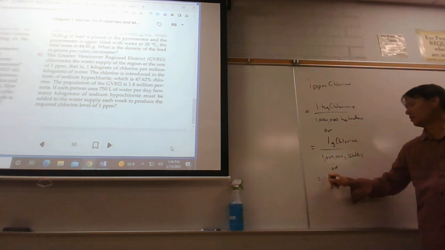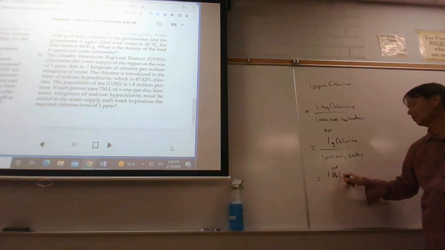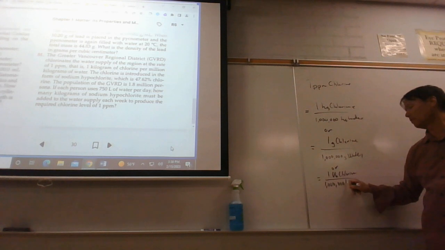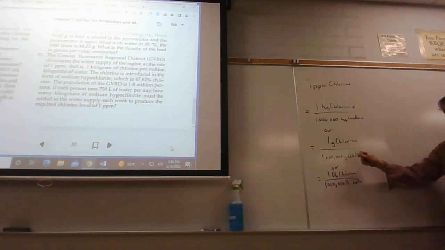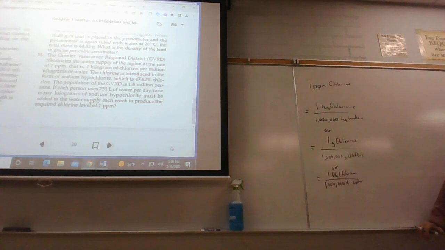Or you could say 1 pound of chlorine for every million pounds of water. Although this is a bit tricky because pounds and grams are different. Gram is mass, pounds is weight. But it's all right.